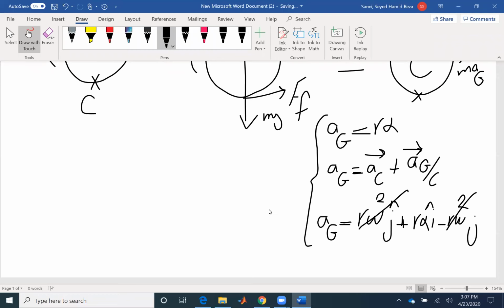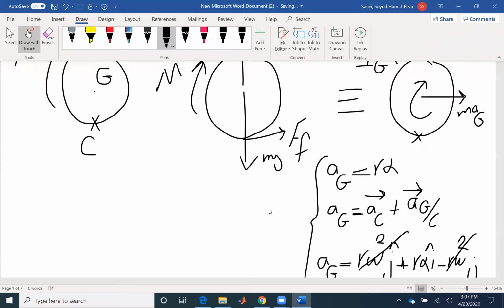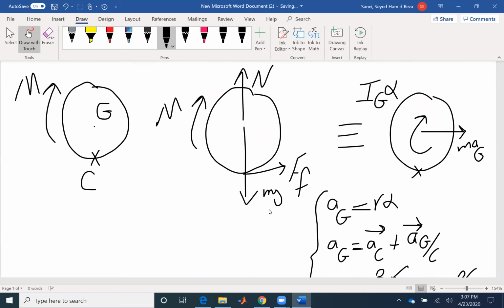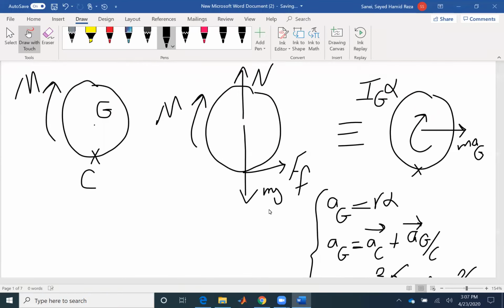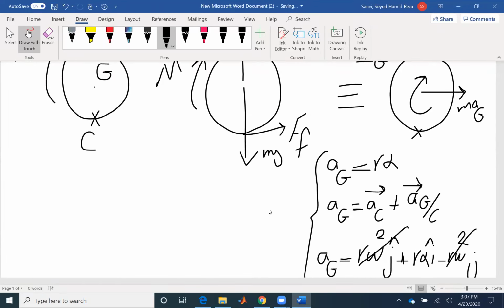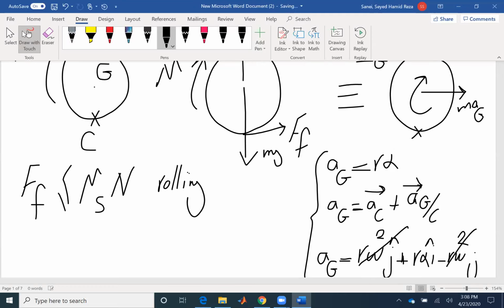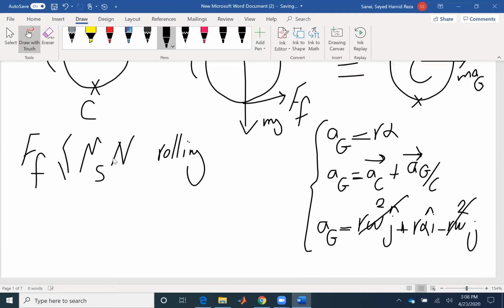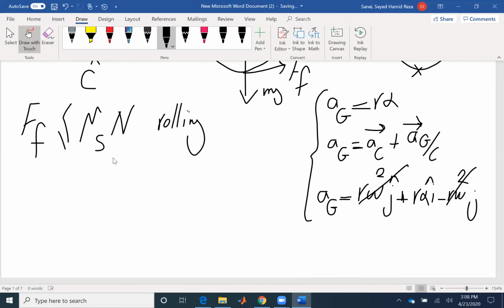But let's get back to our kinetics diagram, to our free body diagram. So the magnitude of the friction force, if it's rolling or if it is static, is less than mu s N. That's for rolling, because rolling is also with a static friction.